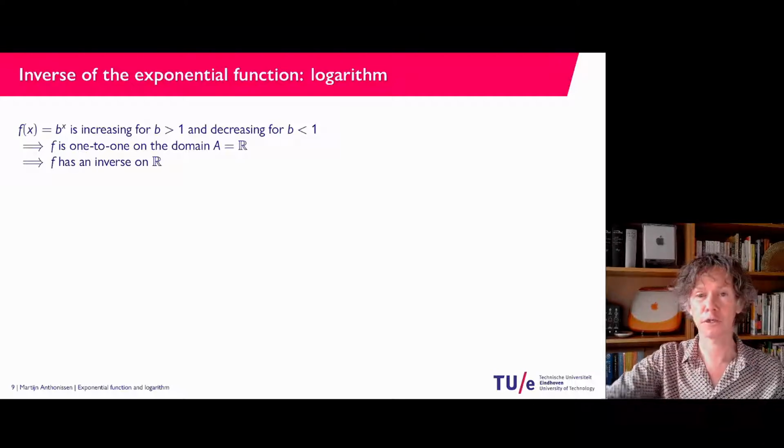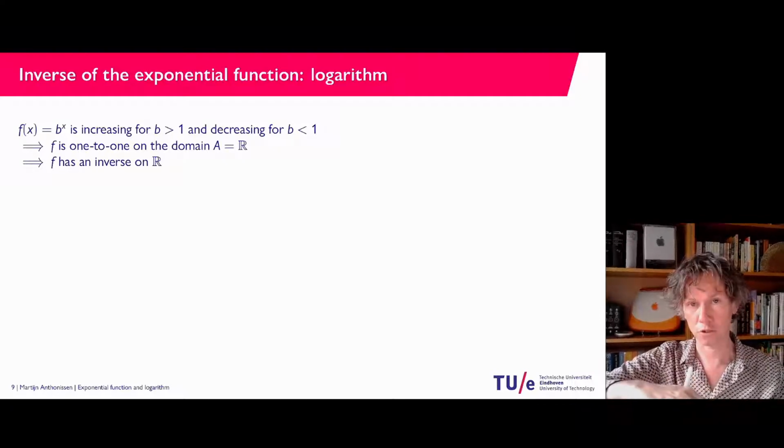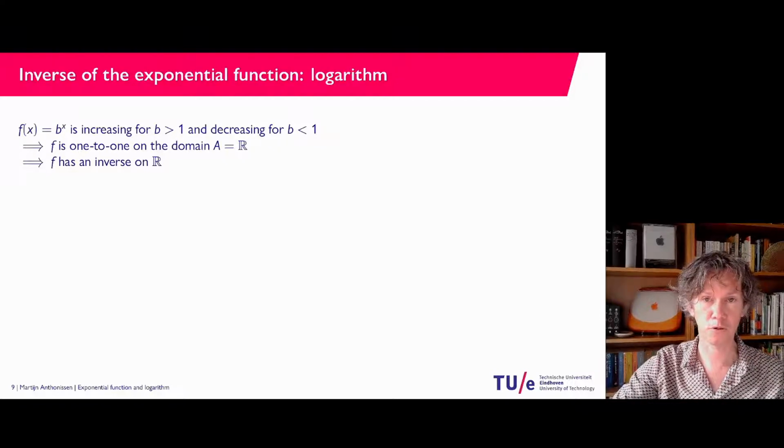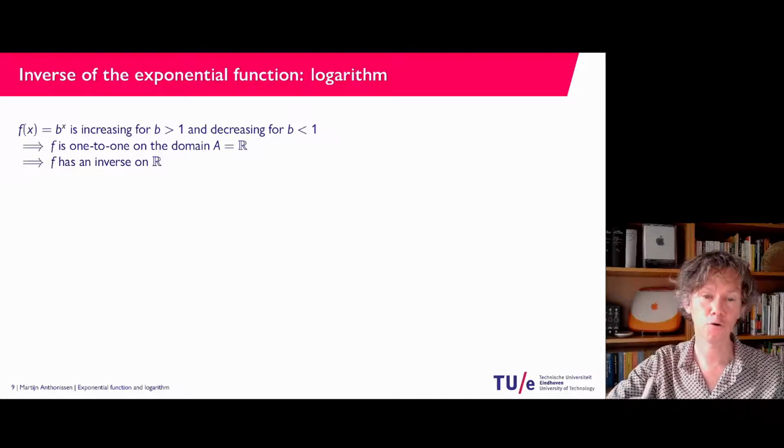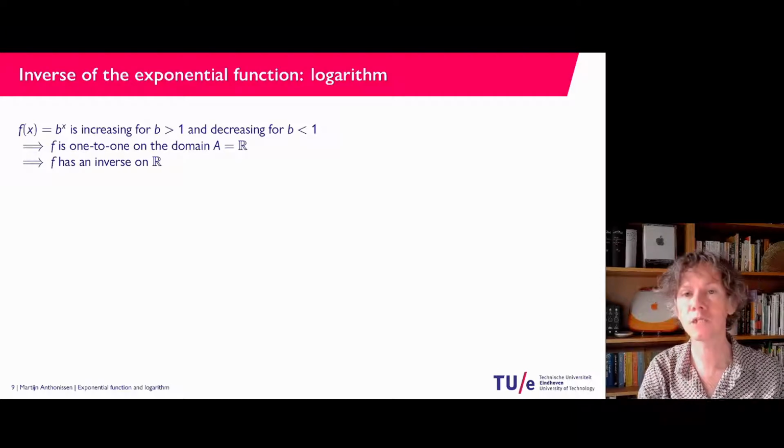If I intersect it with a horizontal line, it only crosses the graph once, not multiple times. So it either doesn't cross it, for instance if I pick negative values, and otherwise only once. So it's 1 to 1, which means it has an inverse.